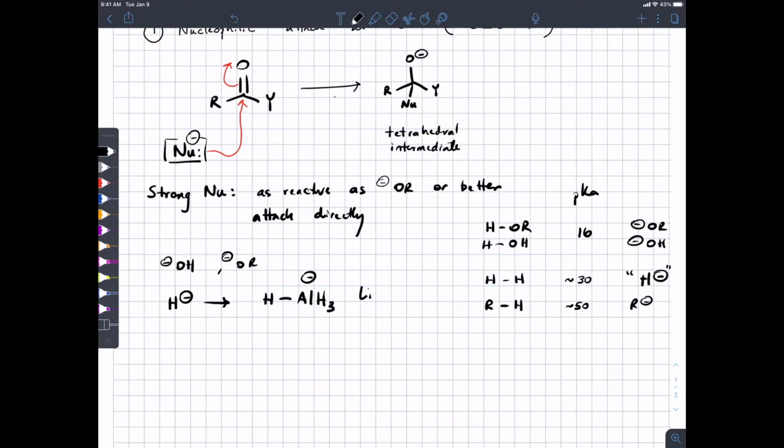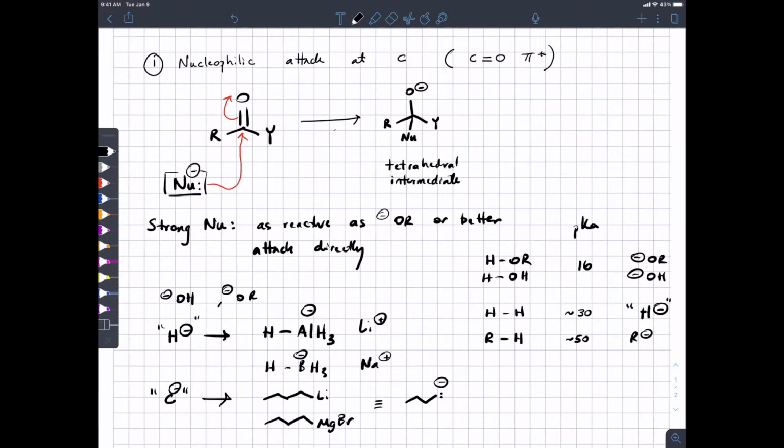An example is lithium aluminum hydride or sodium borohydride, and we'll talk about what these things do in a little bit. And then other examples are negatively charged carbons. We'll talk about what these are in a little bit, but they're called organometallic reagents, and they basically work as though you've got a negative charge on a carbon. Okay, so that's the attack directly situation.